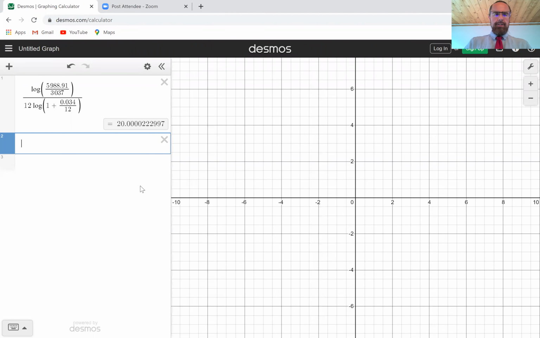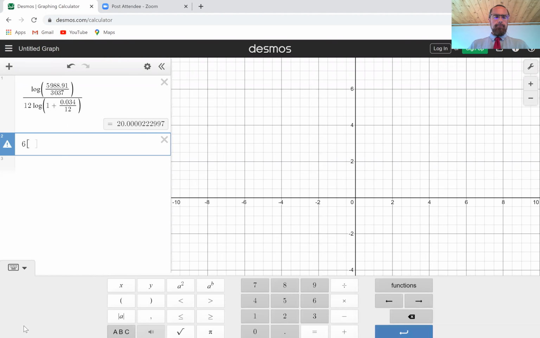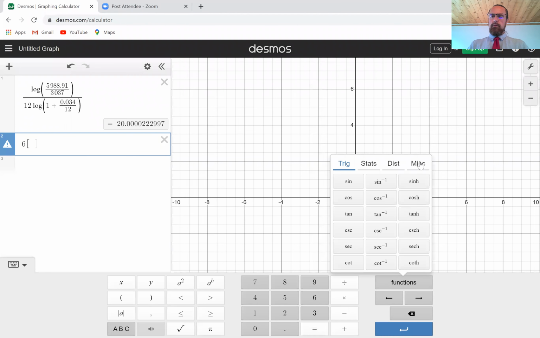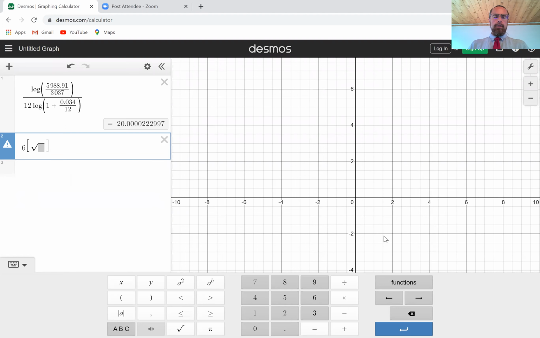So we had a 6 on the outside, brackets, and then I need to locate the 30th root. It's not a common root, so what I'm looking for is here under the miscellaneous tab, the nth root. That'll allow me to type in the index 30. Under the radical, again, I got a fraction, $2,689.88 over $2,397.